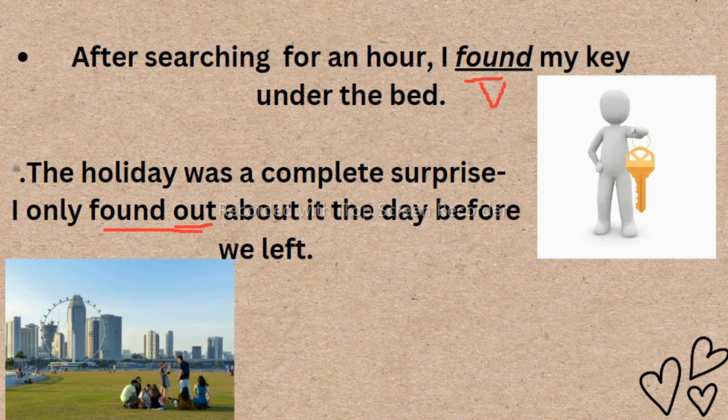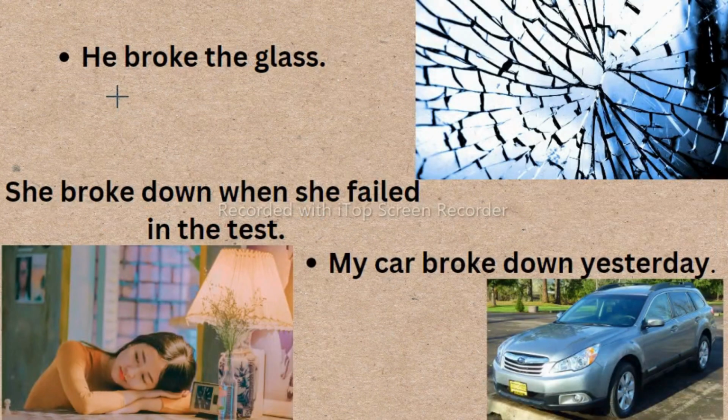Now let us see break and break down. The literal meaning of the verb break means to separate into two or more pieces. For example, he broke the glass, which is separated into two or more pieces. But when we add the adverb down along with this broke, it becomes a phrasal verb, which shows a different meaning.